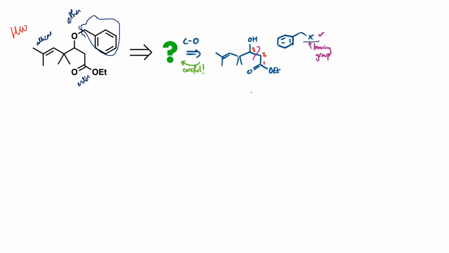Now if you can see, this is a 1, 2, 3 substituted compound. If you plan the retrosynthesis of such a compound and break this bond, how can this form? It can form by a simple enolate reaction, because this part can be an enolate ester.